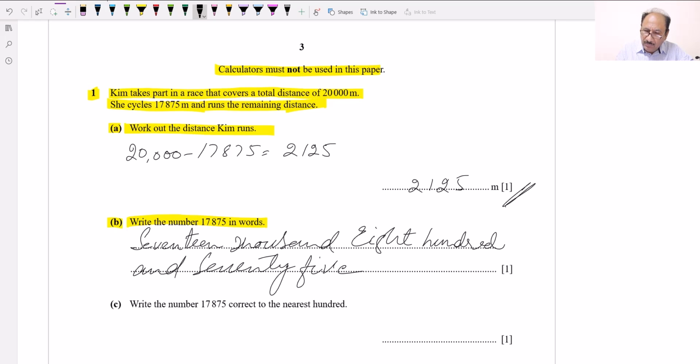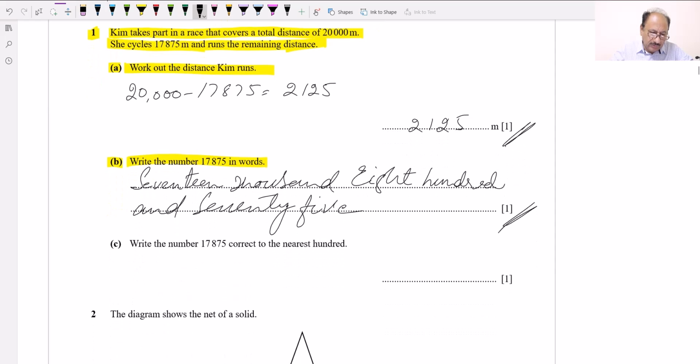So this will be in words, and this is for 1 mark. Now for C part, write the number correct to the nearest 100. Correct to the nearest 100 means we look at the hundreds position. So we check this number, which is 7, so we will increase by 1, and our number will be 17900, and this is for 1 mark.